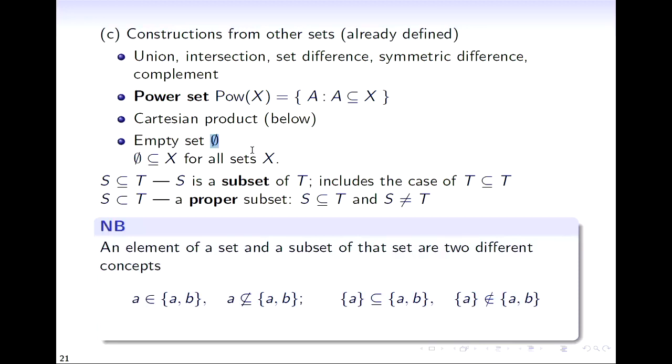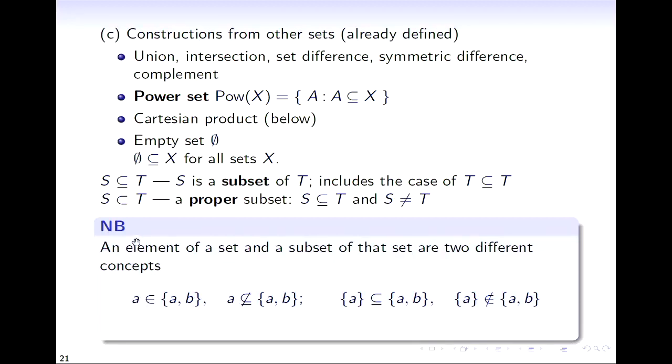Both of these are notations that can be used, and they mean the same thing. They mean the set that contains no elements, and this set does have the property that it is a subset of every other set, simply because clearly every element in the empty set is also an element of X, because there is nothing to check. Empty set will always be a subset of X.